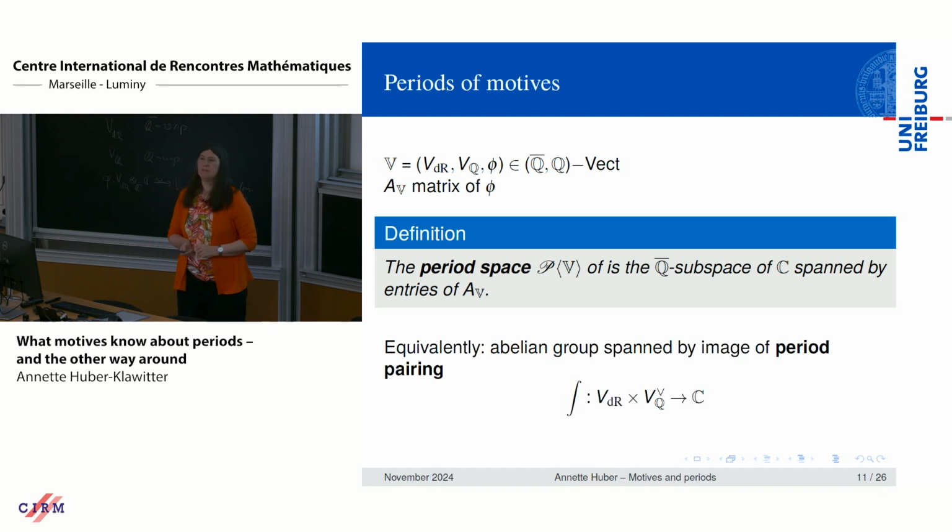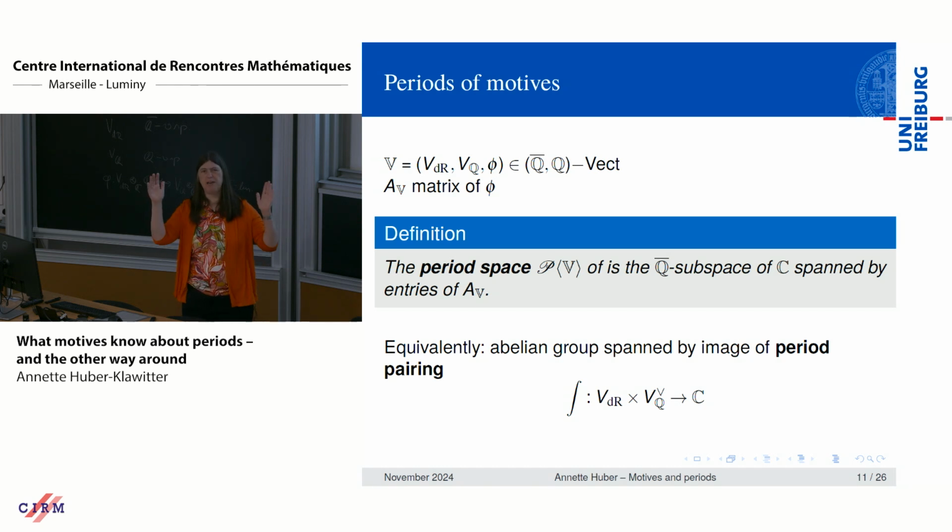There's an equivalent point of view where you don't talk about the period isomorphism, but rather about the period pairing. And in many respects, that's the more natural thing to do. You have an isomorphism of vector spaces. Equivalently, you can say that you have a pairing between one vector space and the dual of the other. I think usually we do it the other way around.